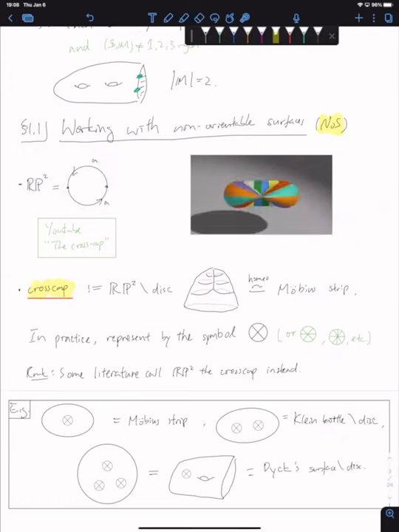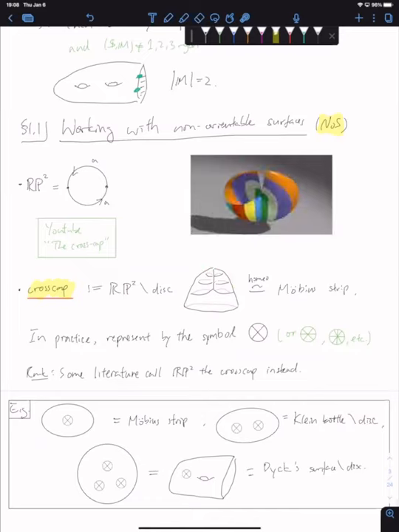I imported this cute animation from YouTube that you can find if you search for cross-cap, about how you can construct the cross-cap from a disk. Whenever I say cross-cap, I actually mean taking out a disk from the projective plane. This is what it looks like in real life.